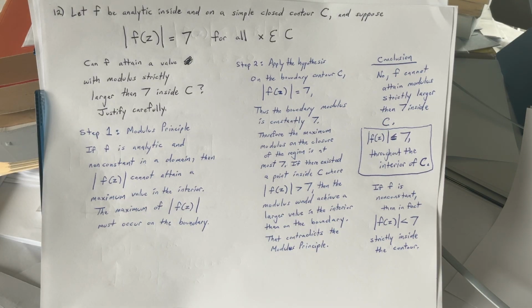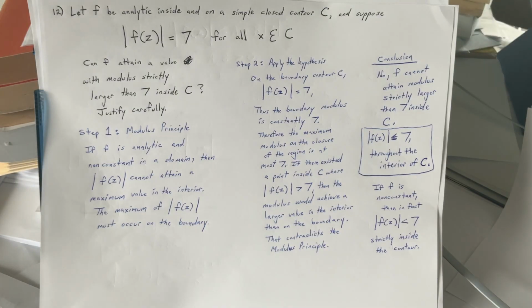Maximum modulus principle: if f is analytic and non-constant in a domain, then the modulus of f of z cannot attain a maximum value in the interior. So the maximum of the modulus of f of z must occur on the boundary. Step 2, we apply the hypothesis. On the boundary contour C, the modulus of f of z equals 7.